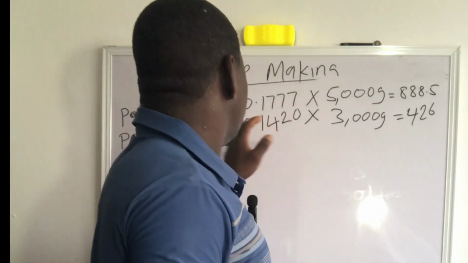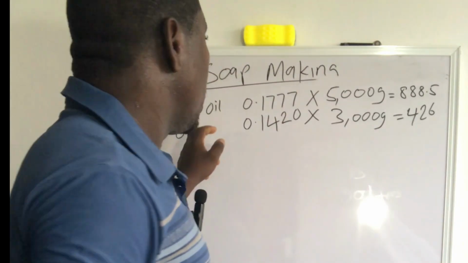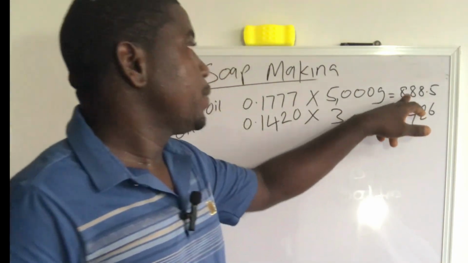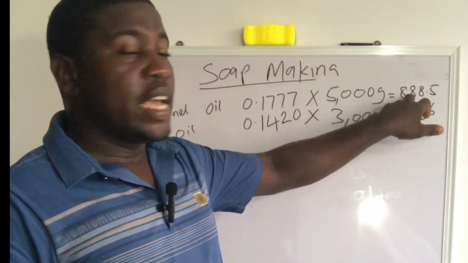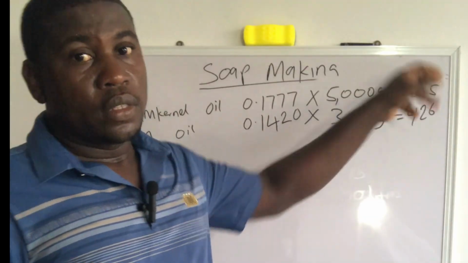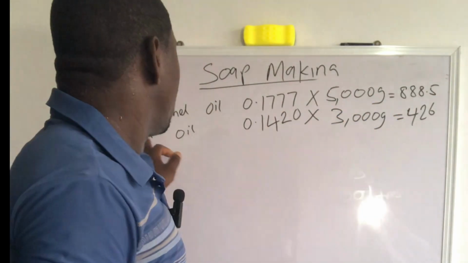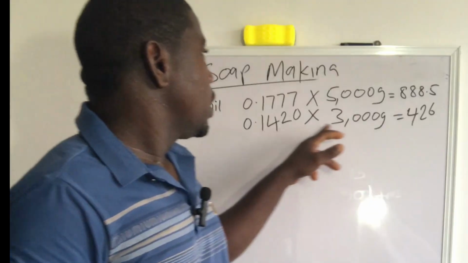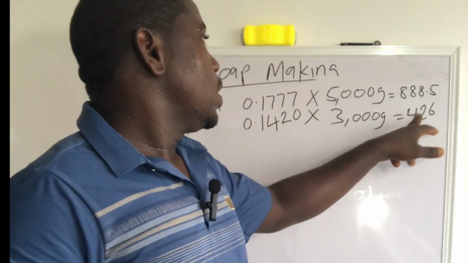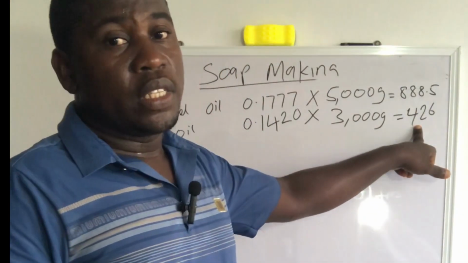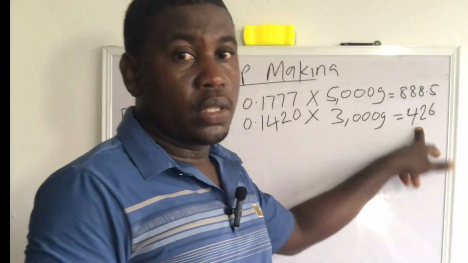So palm kernel oil gave us 888 grams of caustic soda, while palm oil gave us 426 grams of caustic soda.